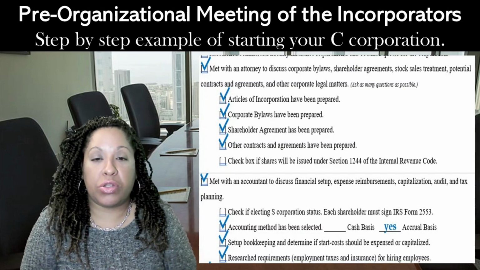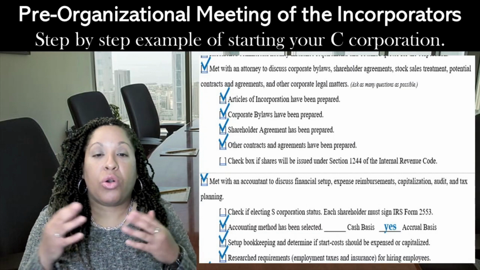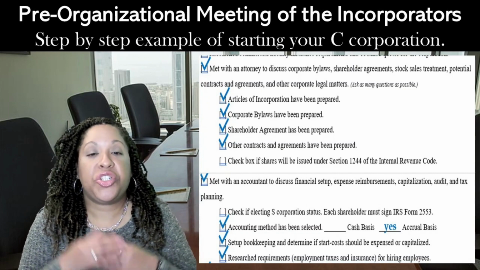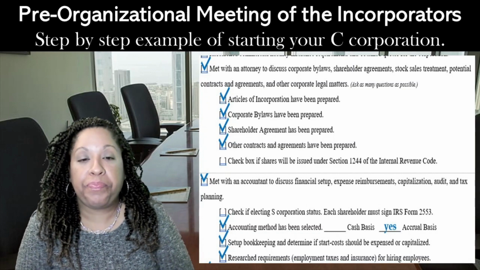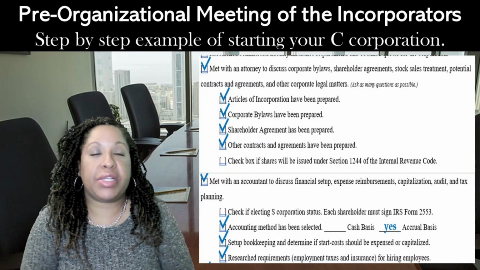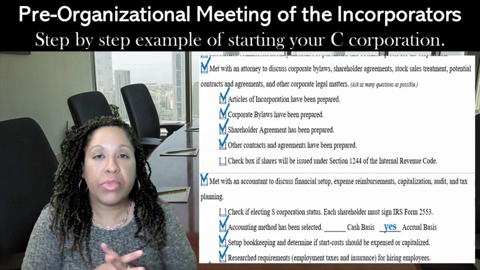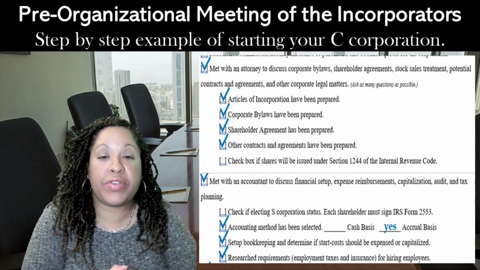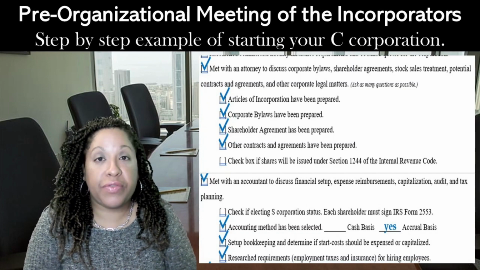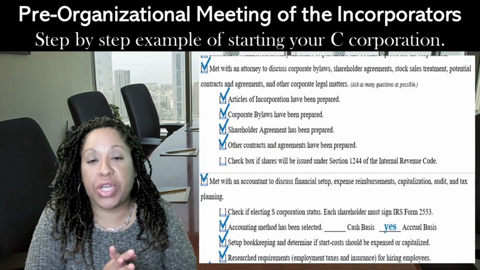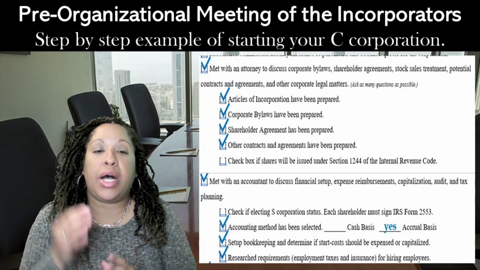And that includes articles of incorporation have been prepared. Corporate bylaws have been prepared. Shareholder agreement has been prepared. Other contracts and agreements, let's say they might have some coming up, contracts with some business offices that they will be servicing. So that's checked off, that has been prepared.